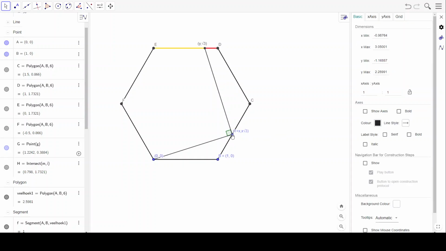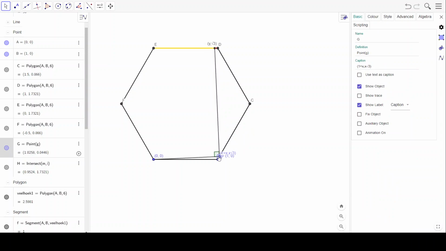Let's say the position of this vertex on this side is variable, and you see that yellow is completely covering the upper side. If I slide it up, it will go down and eventually it will go up again, and at this point it is again covering the whole side.